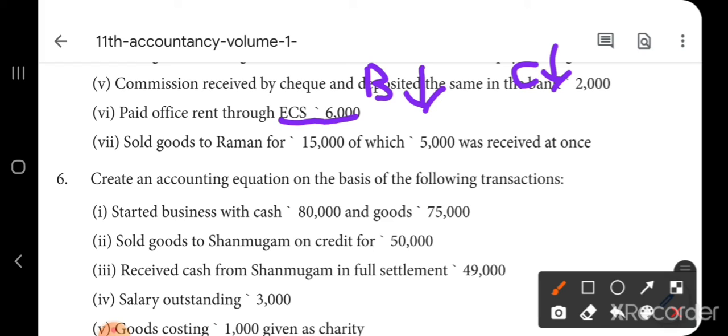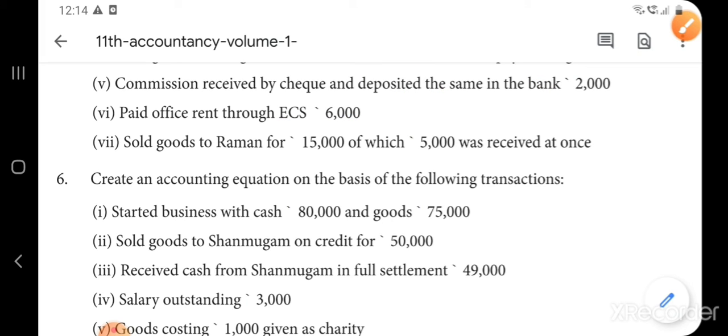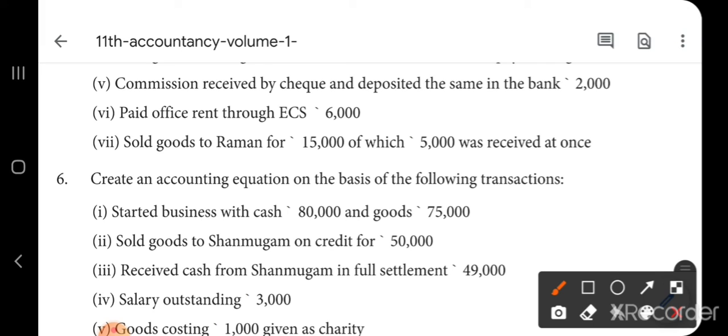Okay, next, sold goods to Raman 15,000, of which 5,000 was received at once. See here, sold goods to Raman, that means Raman is your customer. Customers is denoted as debtors. Okay, now debtors you will show, actually you should show 15,000, but you have received 5,000.